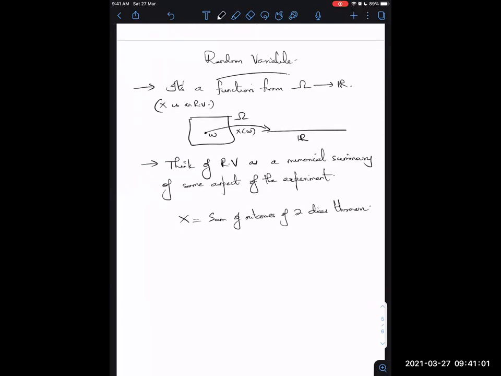In that case, X takes values from 2, because the minimum value for each die is 1, so 1 plus 1 is 2, and it can go up to 6 plus 6, which is 12. Is that fine? Depending on the outcome of the die throw, the sum is going to change. That's the randomness. But once you know the outcomes, the output of the random variable is fixed.